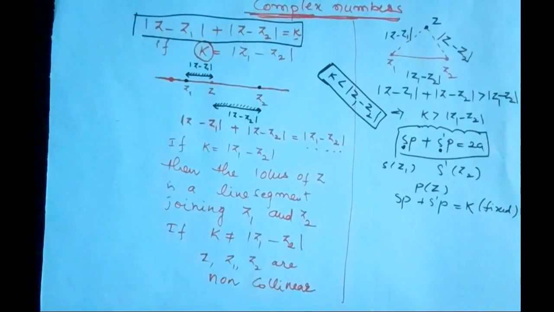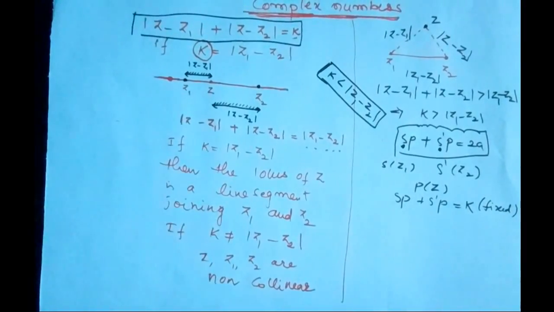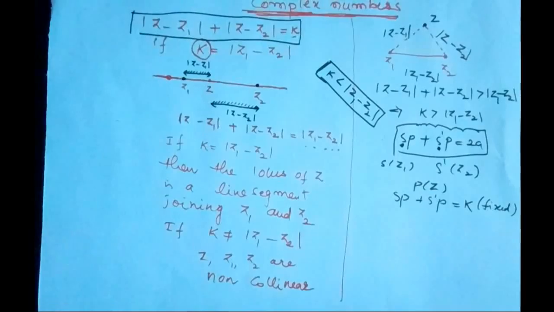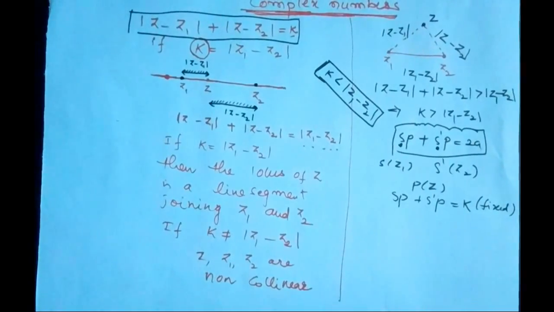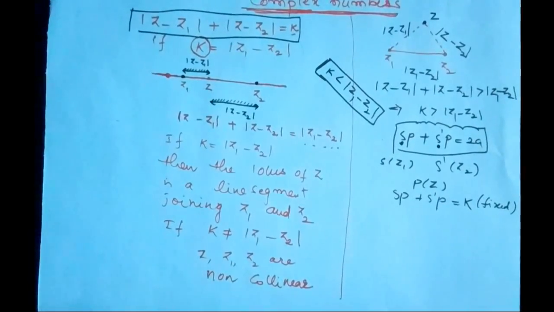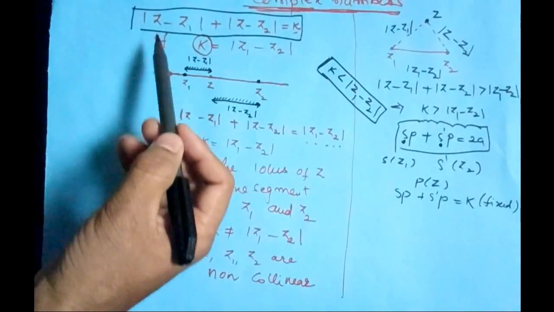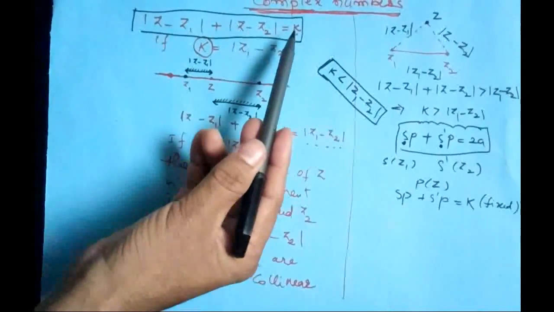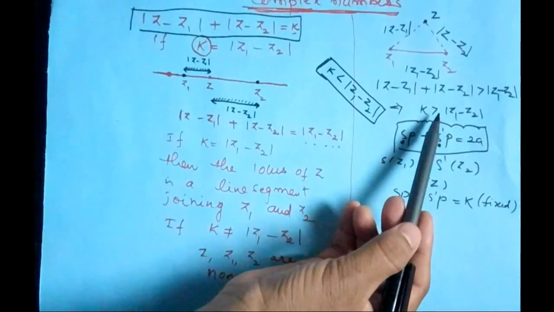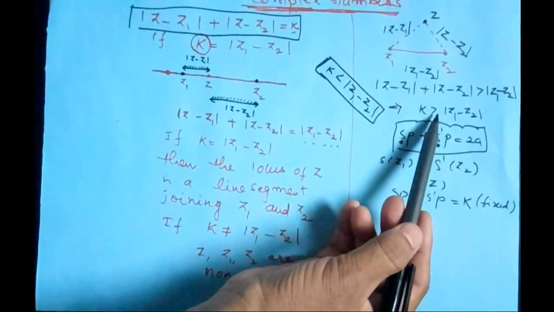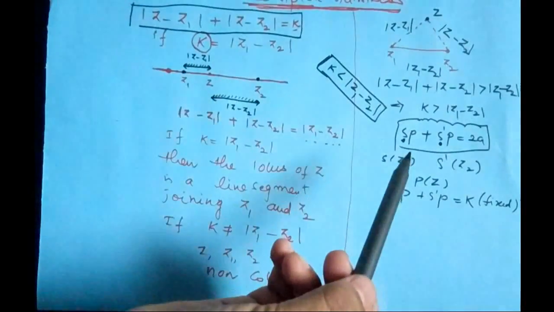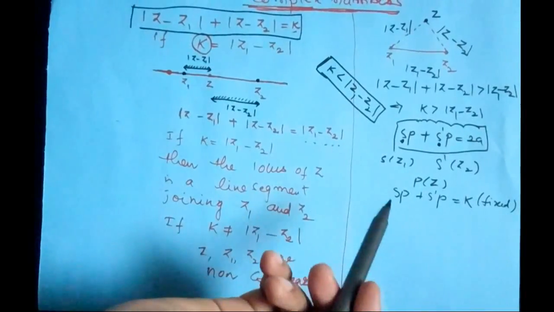So what is the meaning of this? Here the points z1 and z2 are the foci, and the locus of P is the ellipse. Therefore, if modulus of z minus z1 plus modulus of z minus z2 equals k with the condition k is greater than modulus of z1 minus z2, then the locus of z will be an ellipse and z1, z2 will be the foci.